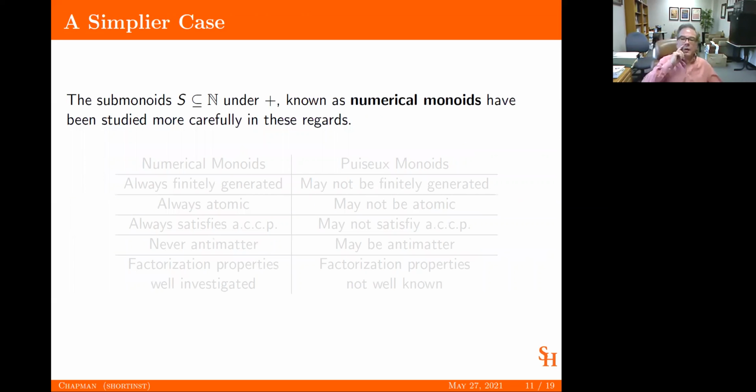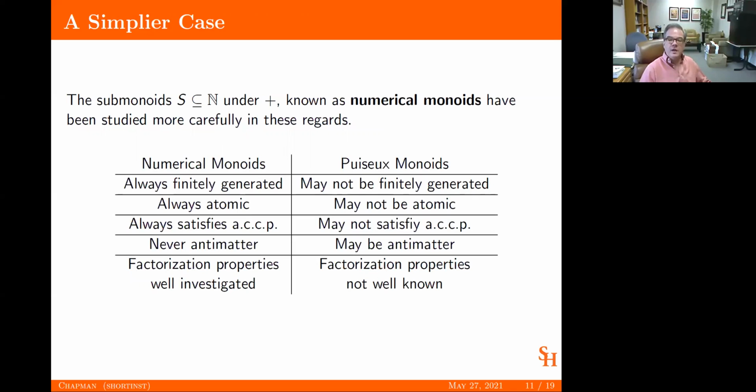So again, I think there's a really good parallel to be drawn here between the Puiseux monoids I'm talking about and the numerical monoids, the submonoids of the natural numbers. And here's a little chart to kind of compare the two types of monoids. Everything about a numerical monoid is nice until you start trying to compute its Frobenius number, which I'm not going to get into.